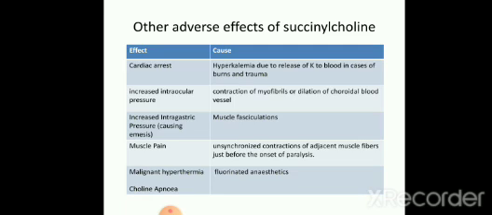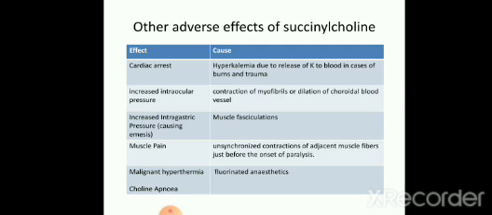When we use succinylcholine along with fluorinated anesthetic drugs, it may result in malignant hyperthermia. As I already said, succinylcholine is metabolized by the enzyme plasma cholinesterase. In some genetic conditions, there may be a defect in this enzyme, so succinylcholine is not metabolized.